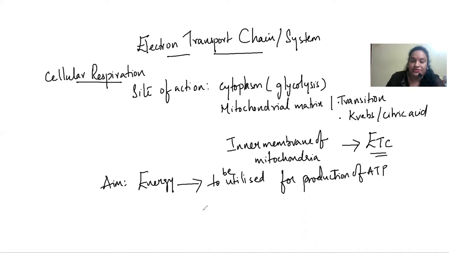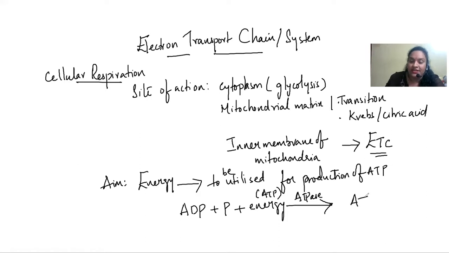If you remember, I told you that ADP is added with inorganic phosphate, and this reaction requires energy. This happens in the presence of the ATPase enzyme, and it releases ATP, which is utilized for metabolism.